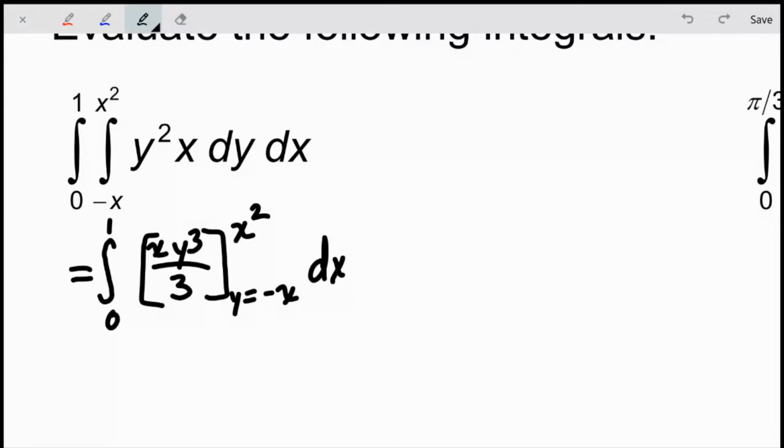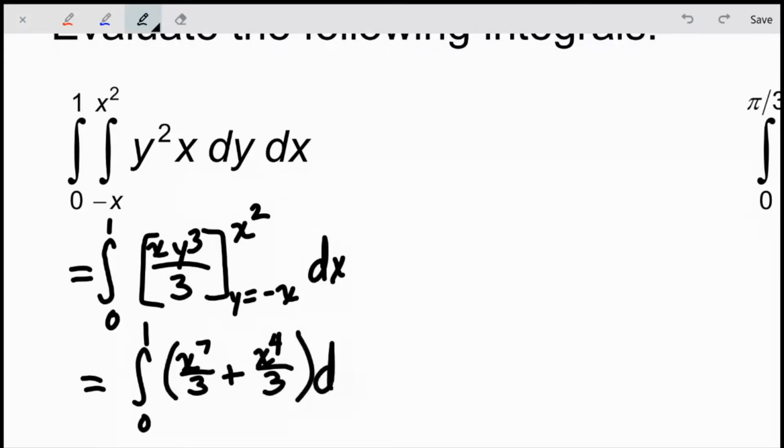Okay, now that I've got that all set up, I'm going to go ahead and plug in my limits of integration. That's going to give me the integral from 0 to 1, and I'm going to get x to the 7th over 3 plus x to the 4th over 3. And it's a plus because I had a minus a negative there, and that'll all be dx.